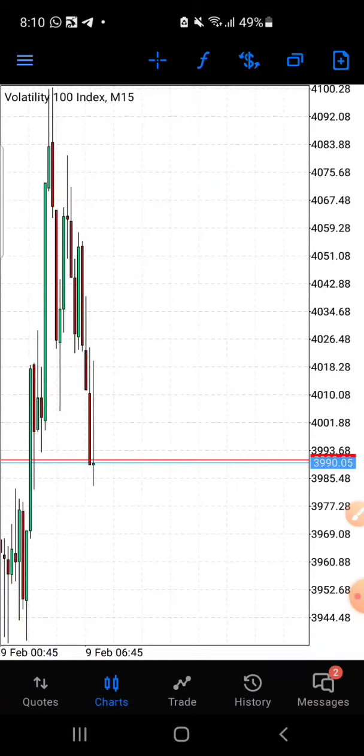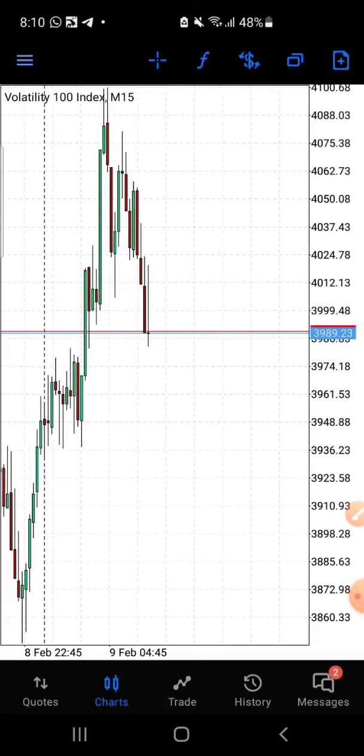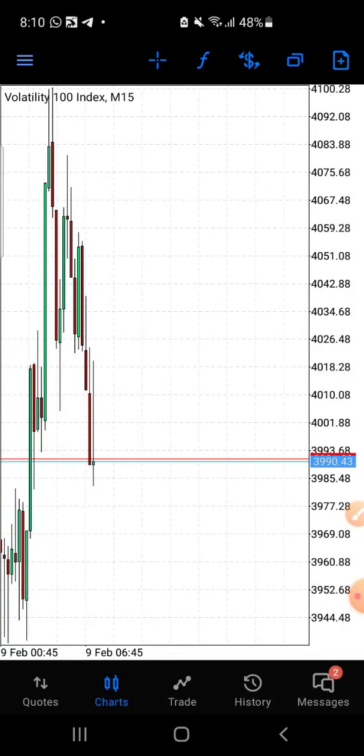So basically, what is flip zone and how can one take advantage of this information I want to pass across? First, a flip zone is just like a break and retest. For me, I see it as another name for break and retest.